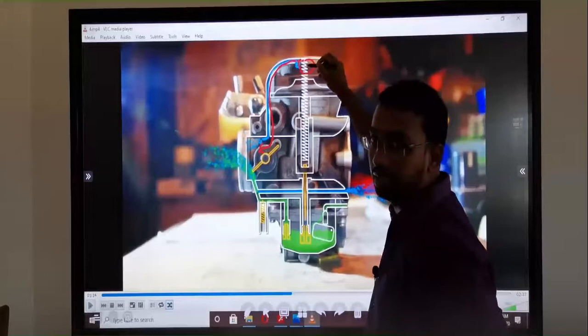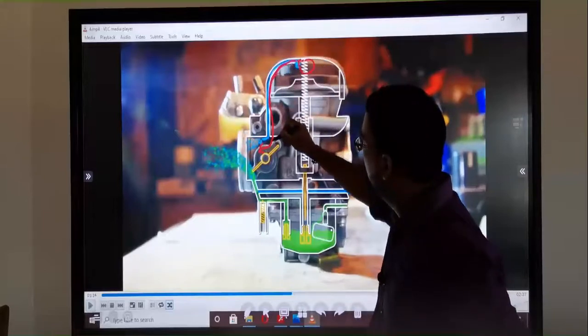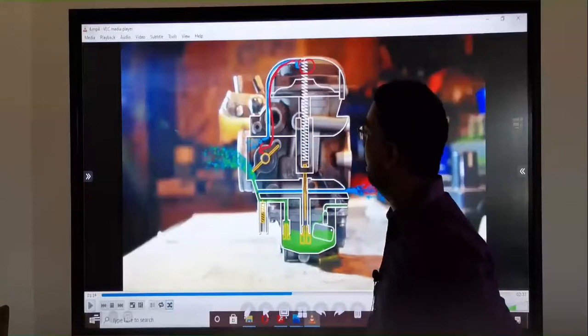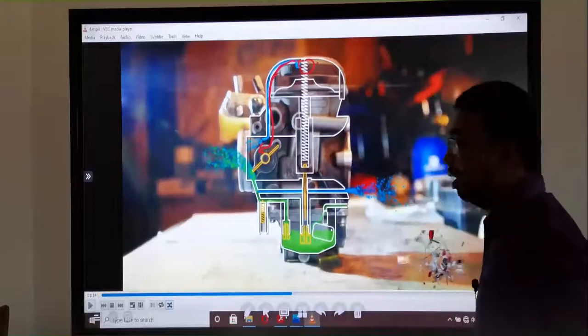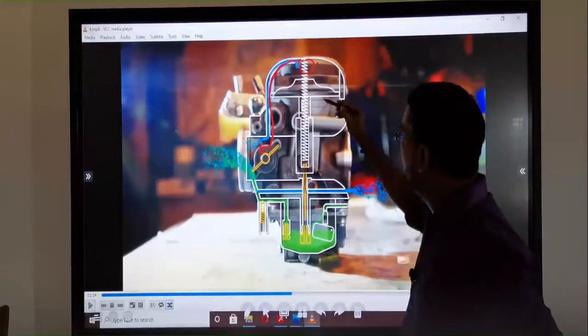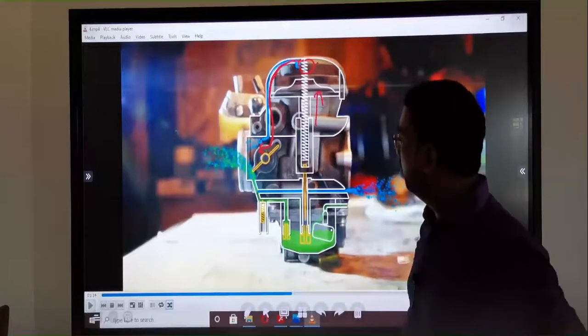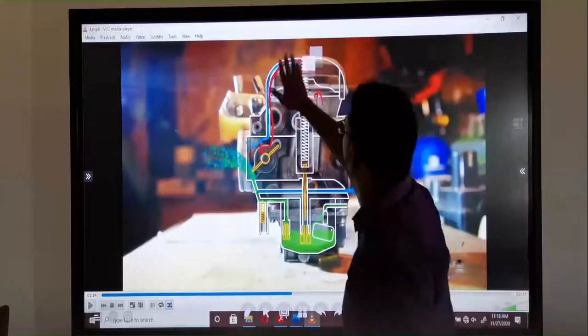The pressure is less now because the air departs from this area. So there is a pressure difference here, and that piston, this diaphragm with the piston set, starts to move like this.